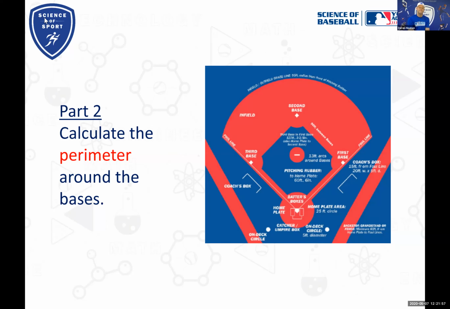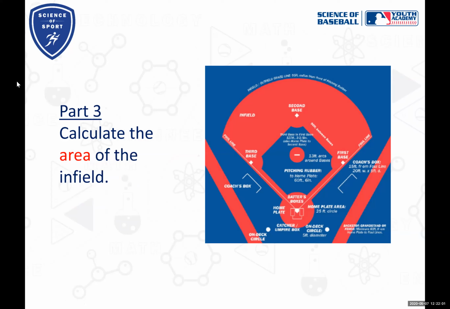Okay, great. So we've talked about perimeter. The next thing I want to talk about is area. If you could punch into the chat, what do you think the area of the infield is? Again, 90 feet between bases, and just to give you a hint, this is a square. The infield is a square from home plate to first base to second base to third base and back to home. So the question is, what is the area of the infield?